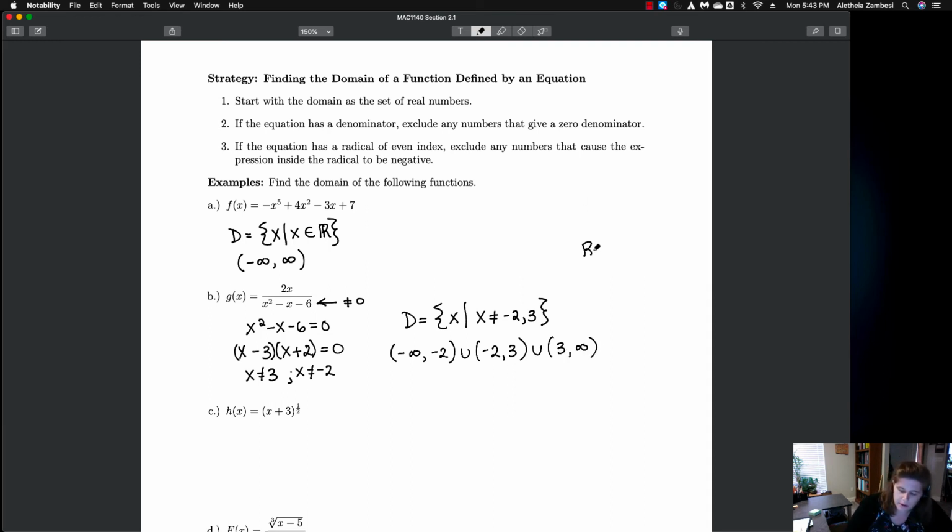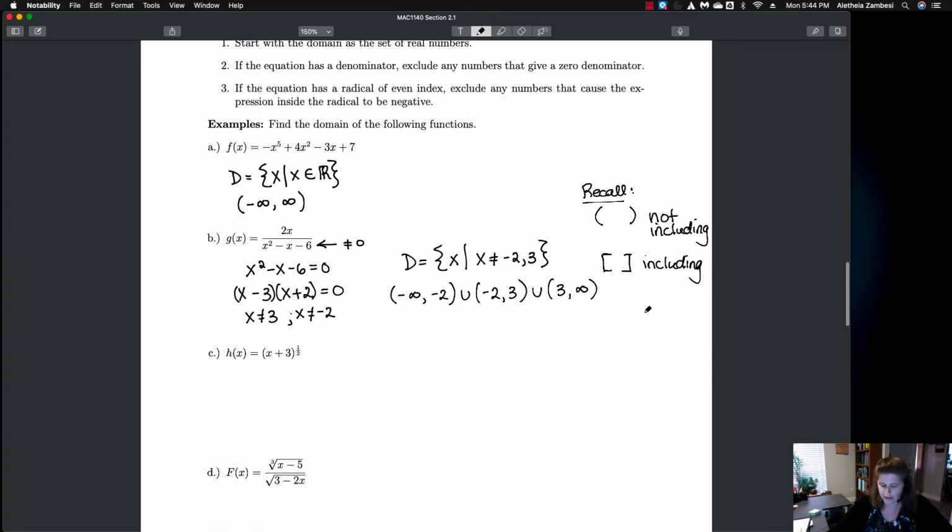Remember that when you're doing interval notation, parentheses mean not including, versus brackets mean that it is included. So we use brackets when we include the value.